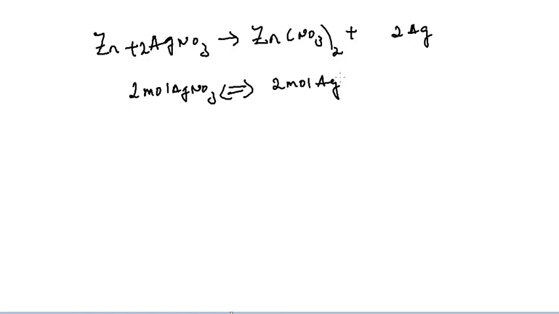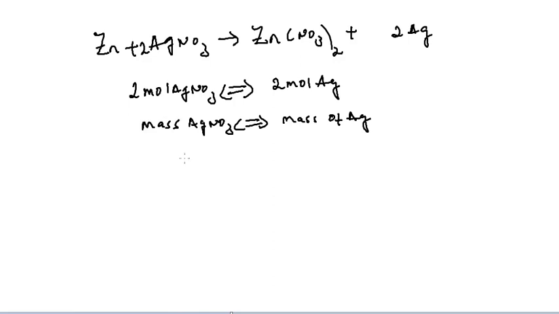But remember, this is not a mole equation. This is a mass to mass problem. The mass of the silver nitrate has to be compared with the mass of silver. We already calculated the mass of silver nitrate.